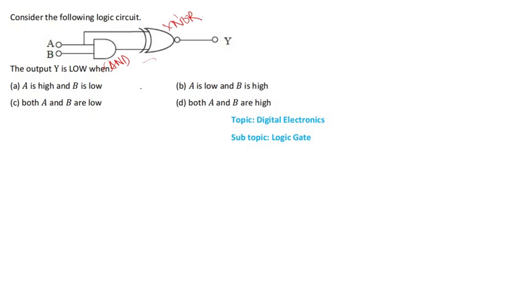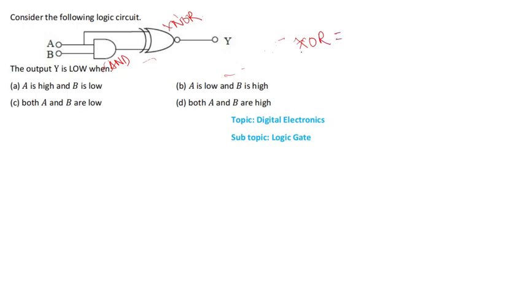The options are: A is high and B is low; A is low and B is high; both A and B are low; and both A and B are high, right? If we don't remember the output pattern of the XNOR gate, we can derive it from the XOR gate.